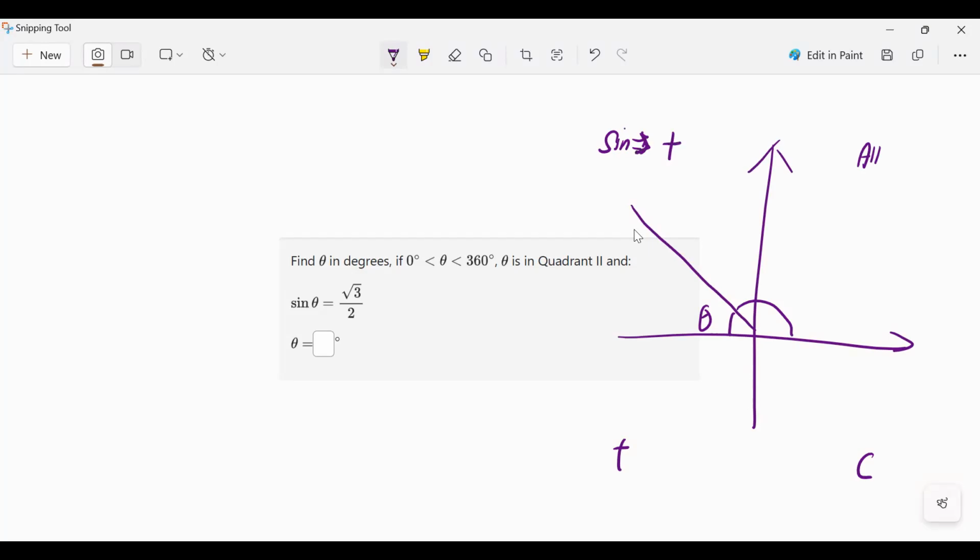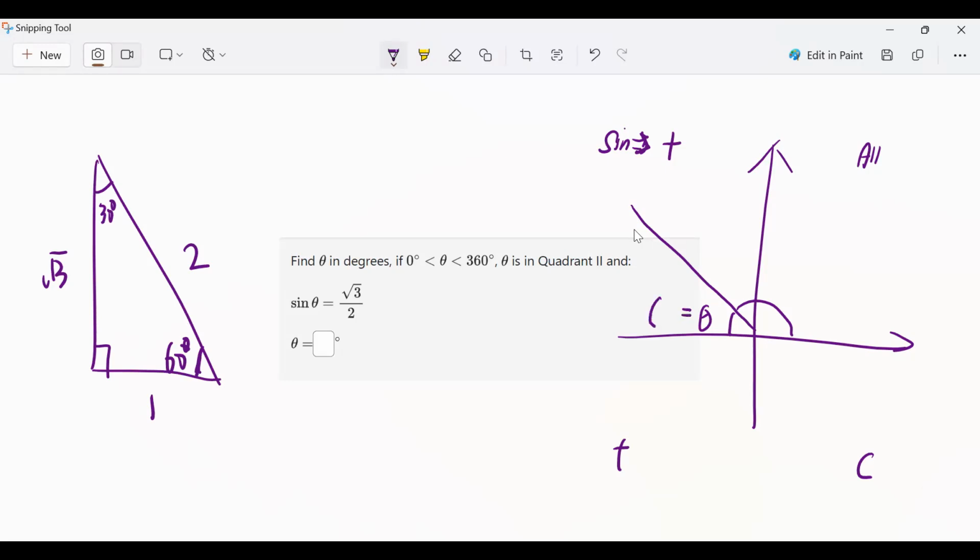Based on this, sine theta equals square root 3 over 2. The radical 3 is opposite, 1 is the hypotenuse side, 30 degrees, 60 degrees. This angle will be 60 degrees because sine 60 degrees equals radical 3 over 2.